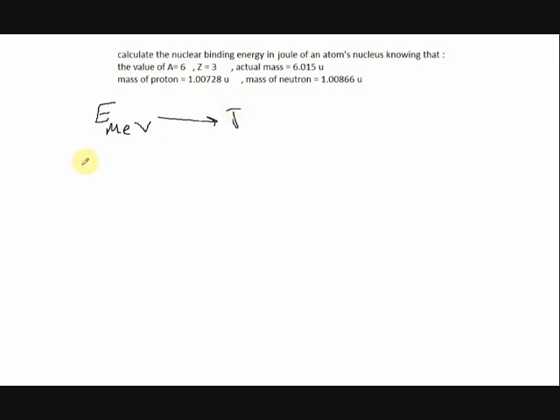So the nuclear binding energy equals mass defect times 931.